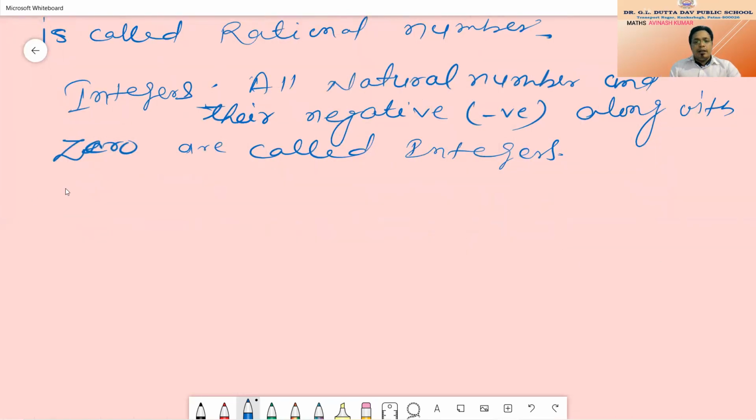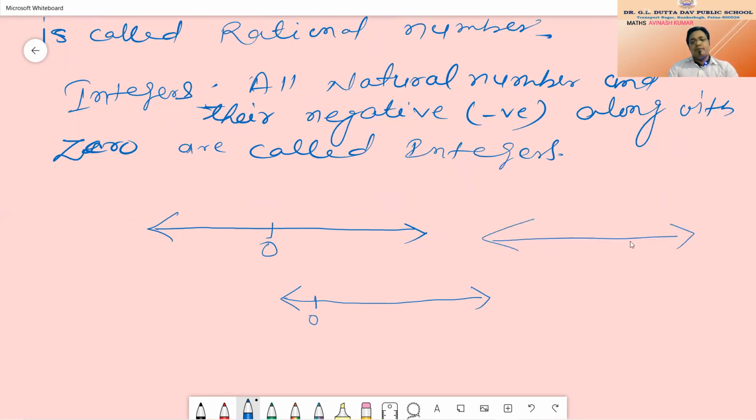Okay, next, now on a number line we can represent integers. Students, one thing I want to tell you: when I ask where we should write 0 on a number line, many students say we write 0 in the middle. But there is no midpoint of a line, so we can write 0 anywhere on a line, here or here or here.